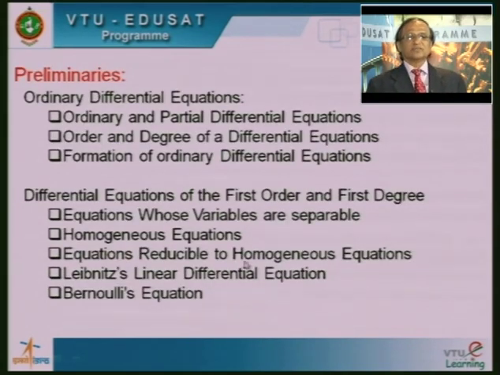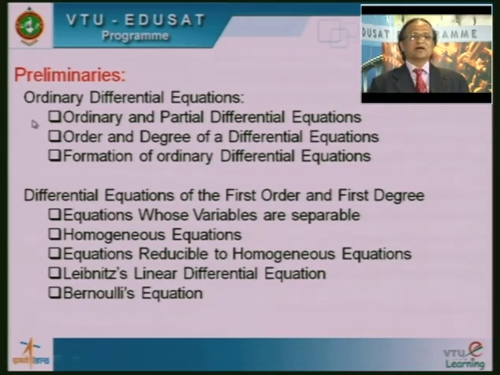Suppose I want to solve a linear differential equation with variable coefficients, which may be a second order or a higher order differential equation. So, we must know the preliminary things. Then you may ask, what are the preliminary things? One should know these if he or she wants to solve a linear differential equation with variable coefficients.